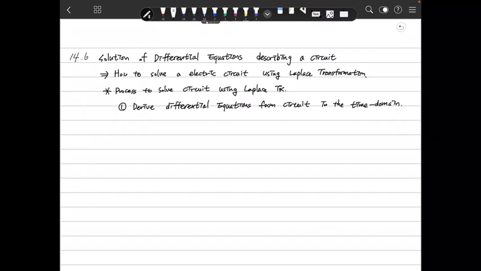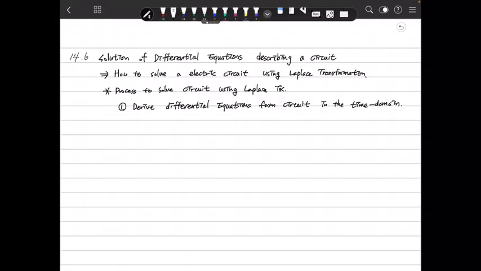This is a common thing we have discussed in the previous semester, in chapters 7, 8, 9. We have discussed how to solve the first order electric circuit and the second order electric circuit using differential equations.